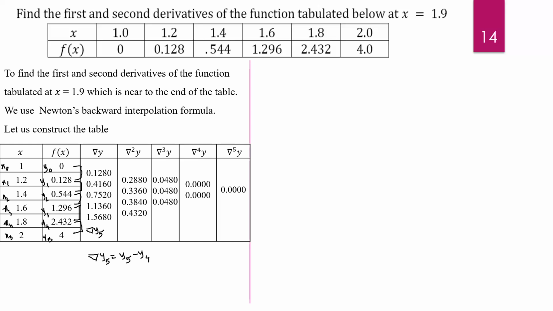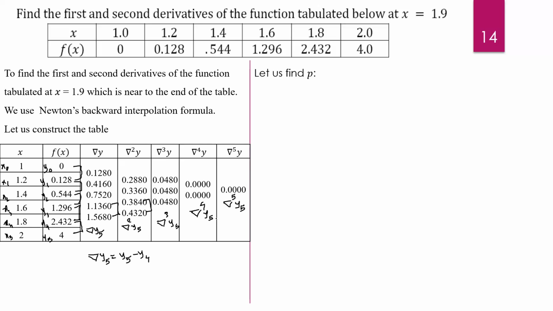So this is the del of y1. Now the second order backward difference, that is the difference between these two values. Now this is the third order backward difference, 0.4320 minus 0.3840, that is 0.0480. This is the fourth order, and this is the fifth order.